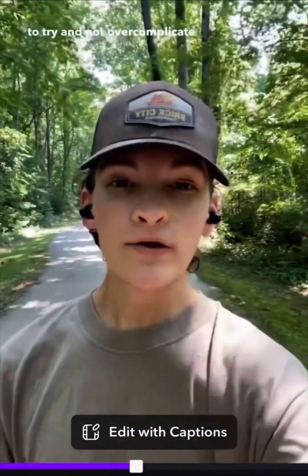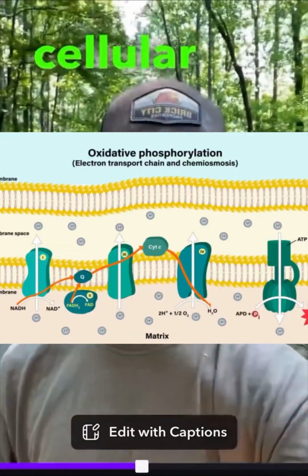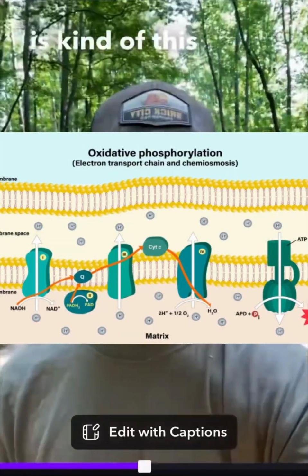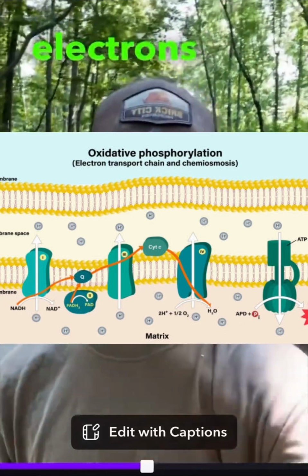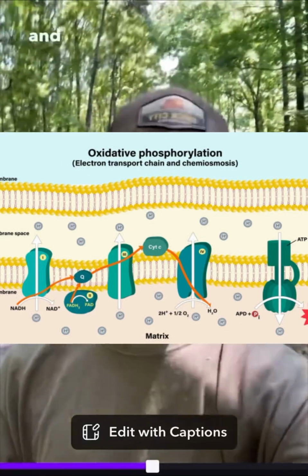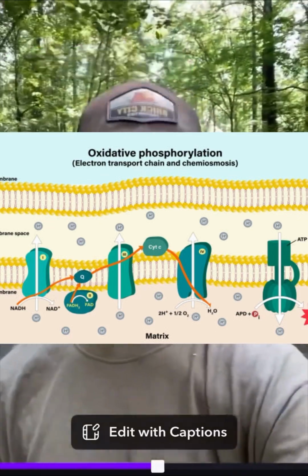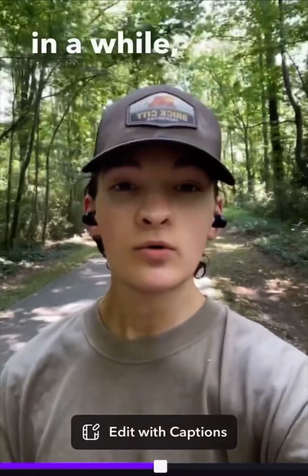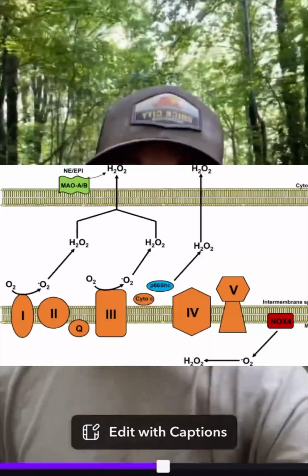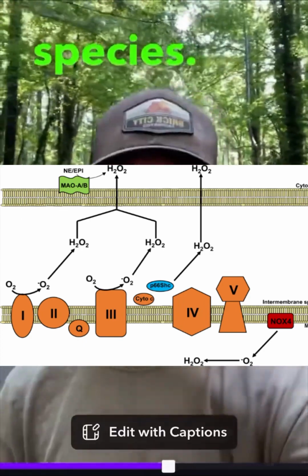To try and not overcomplicate this, the process of making ATP, which is our cellular energy, is kind of this delicate transfer of electrons inside of the membrane of each of our mitochondria. And at the end, we'll donate these electrons to oxygen to make water. However, every once in a while, one of these electrons will fall out. And instead of making water, we'll create what's called a reactive oxygen species.